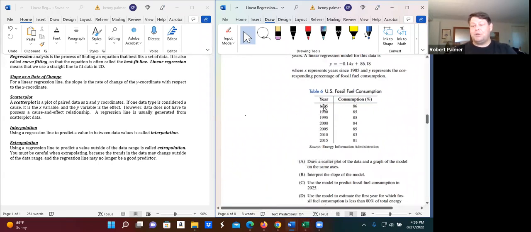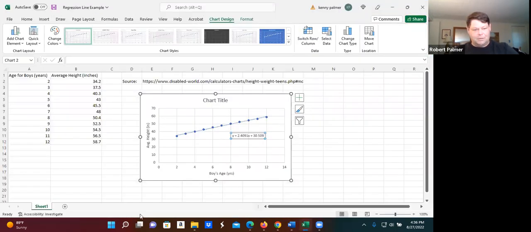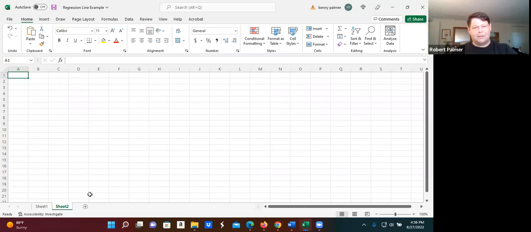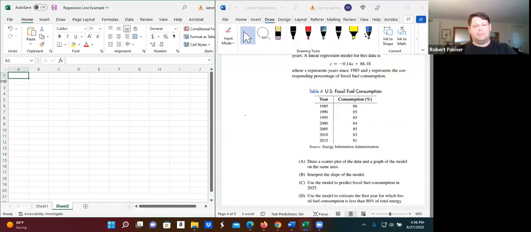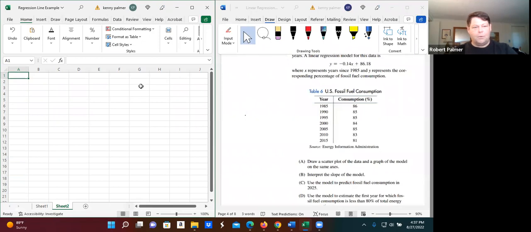What you do is put your years in one column, and your consumption values in percent in another column, and then do the same thing we did before to make a scatter plot. On second thought, we probably should do that anyway. So let me start another sheet, and let me minimize this. I think I can move this over here. There we go. Let's actually just do that anyway.